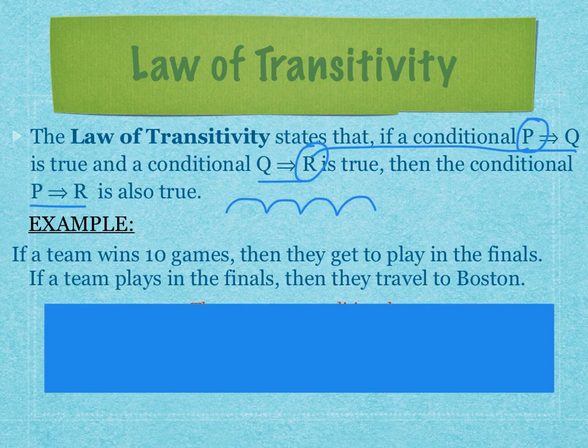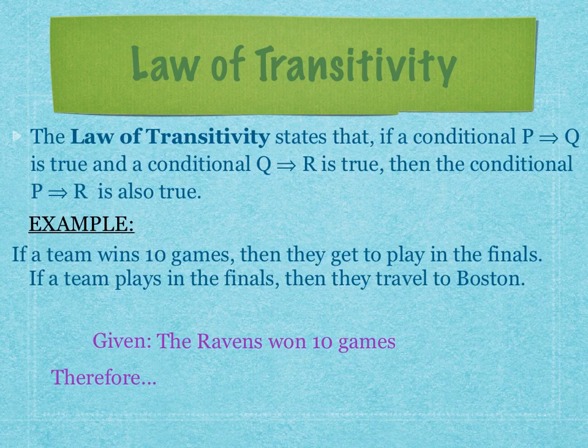So here's an example. If a team wins 10 games, they get to play in the finals. If a team plays in the finals, they get to travel to Boston. Okay, so if I win 10 games, then I go to the finals, and if I go to the finals, then I go to Boston. So there are a couple of conditional statements for you. Now let's suppose that the Ravens won 10 games.